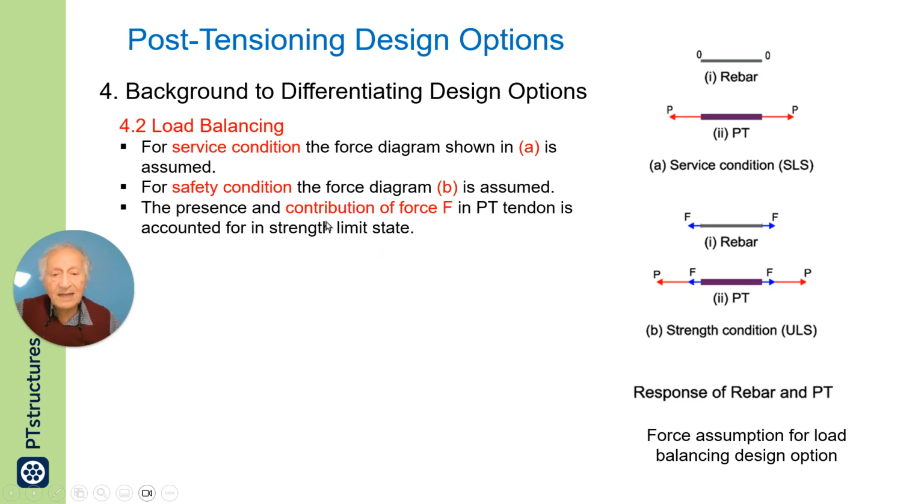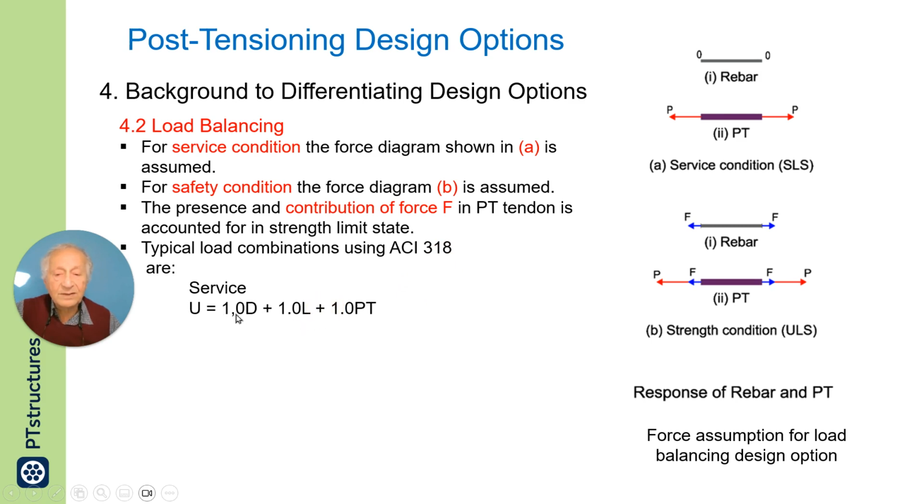There will be different amount of allowance for stretching of tendon. The presence and contribution of force F in PT tendon is accounted for in strength limit state. Now, typical load combination in ACI is this dead live PT, that is the same as simple scheme. For safety, this is changed to hyperstatic instead of PT. That means we have to apply this.